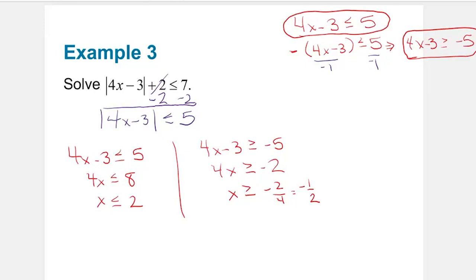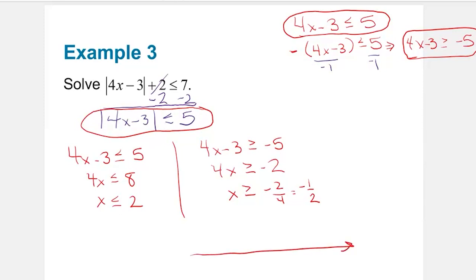And we know that this particular 4x minus 3, because it's less than or equal to 5, remember what that means.